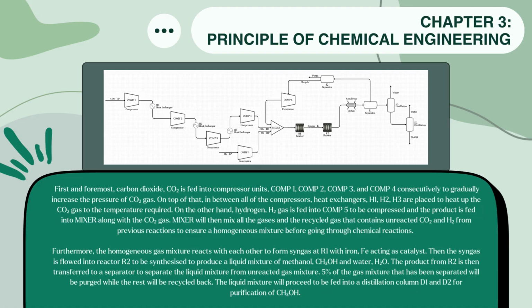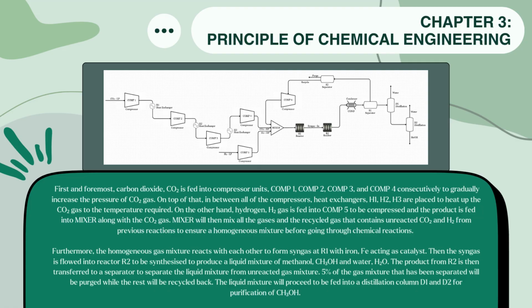The product from R2 will then be transferred to a separator to separate the liquid mixture from the unreacted gas mixture. About 5% of the gas mixture will be purged and the rest will be recycled again. On the other hand, the liquid mixture will be fed into the distillation columns D1 and D2 for purification of our methanol.